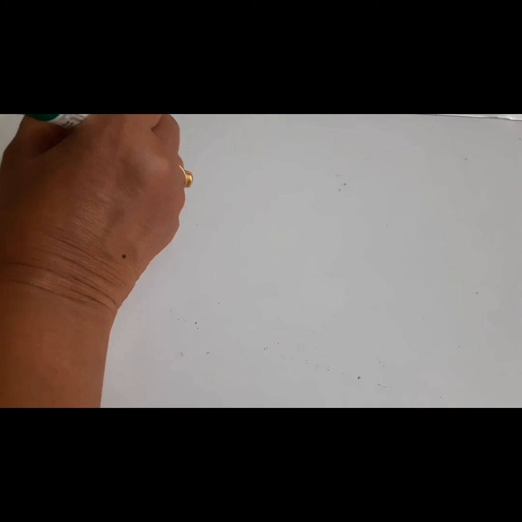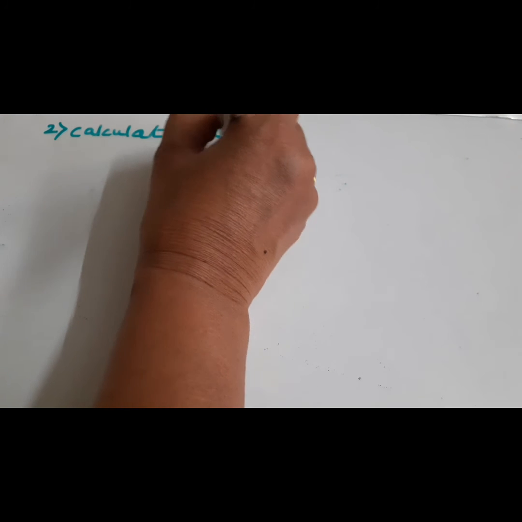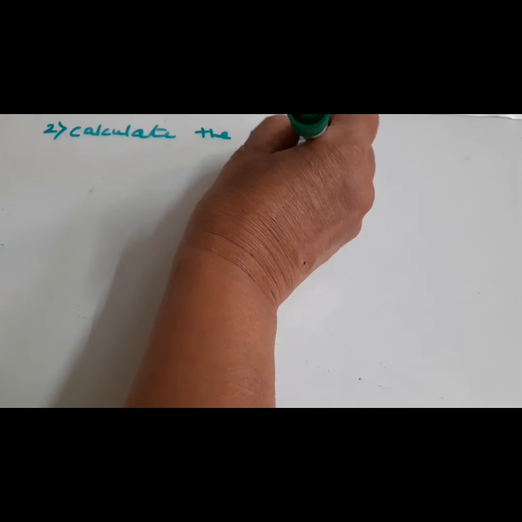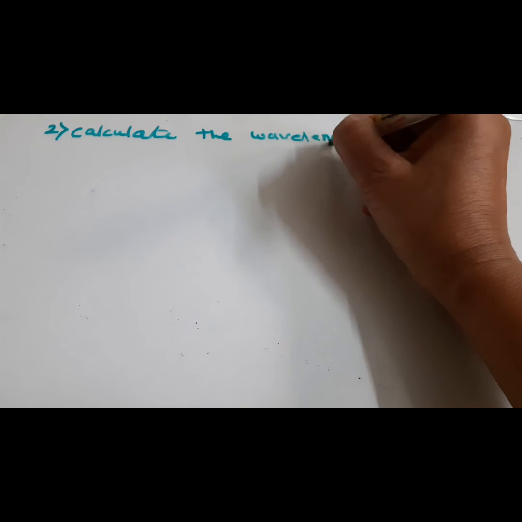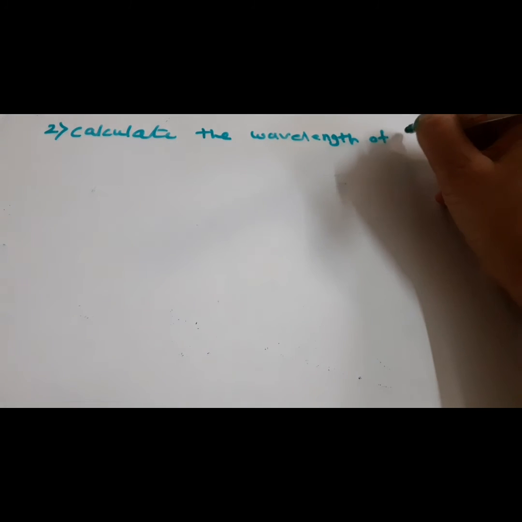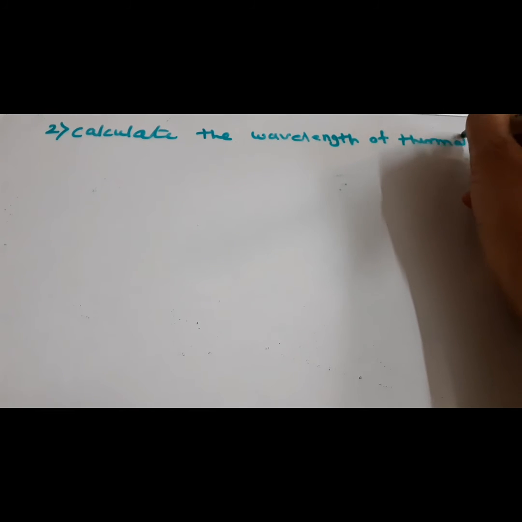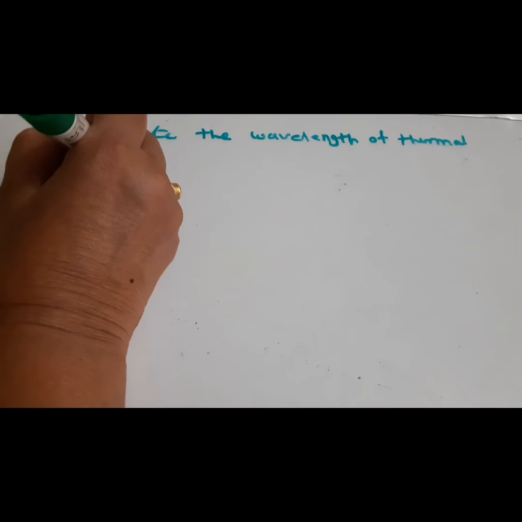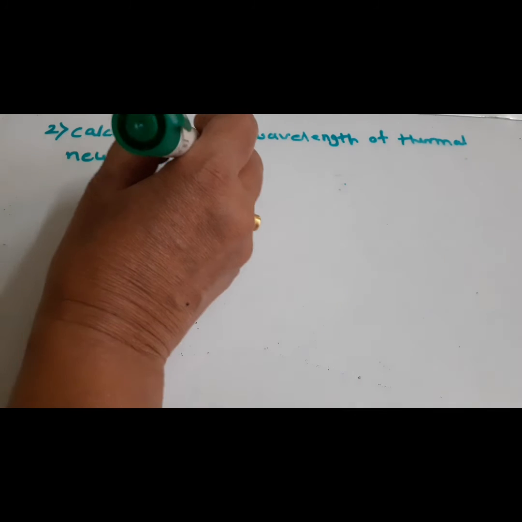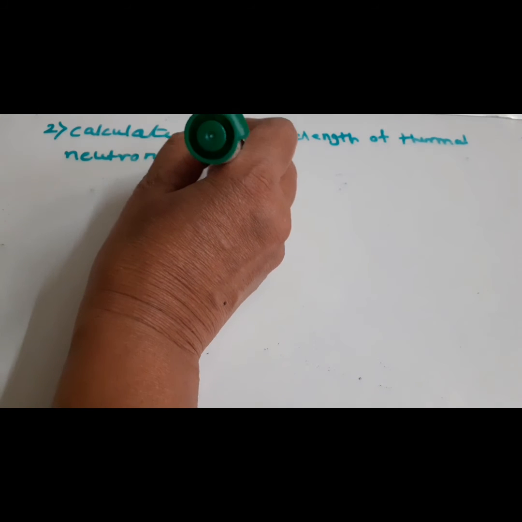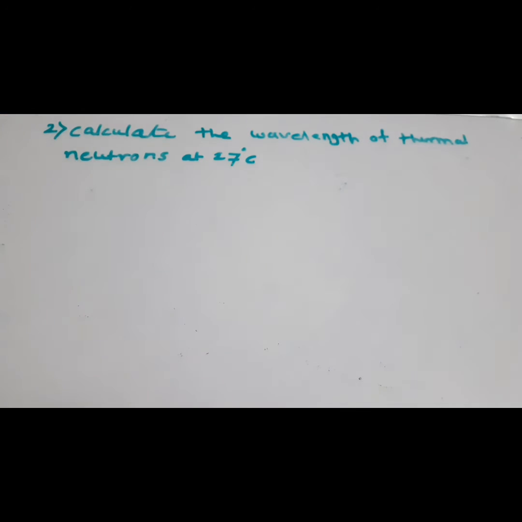Now the second example: calculate the wavelength of thermal neutrons at 27 degrees Celsius.